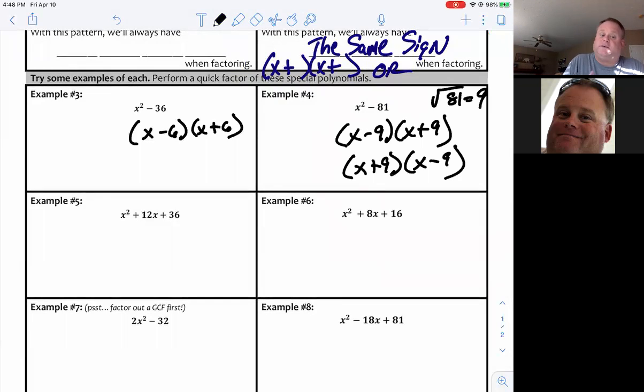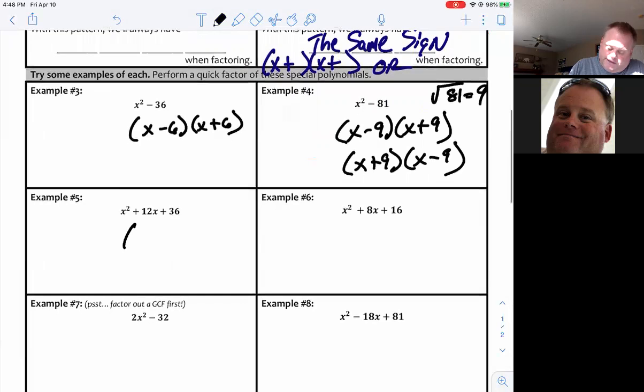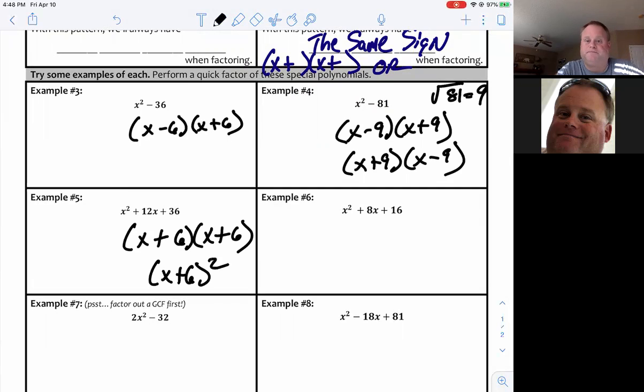So I know this is a perfect square trinomial, and this is going to be x and 6 and x and 6. Now I'm going to look at my b term here. Is it positive or negative? Since it's positive, I am positive. So I am x plus 6 squared.